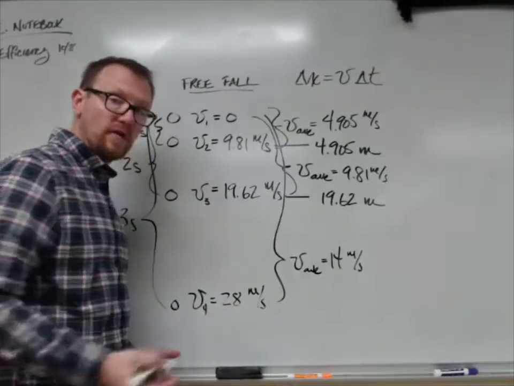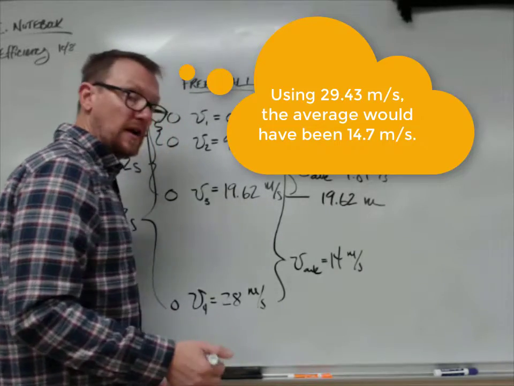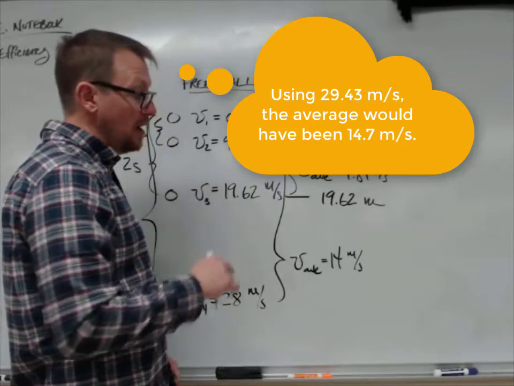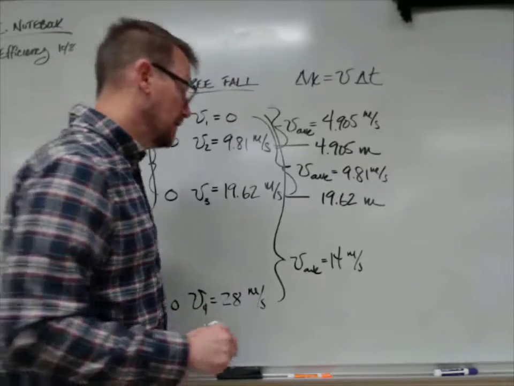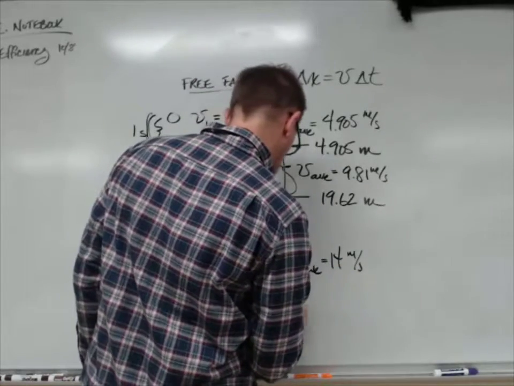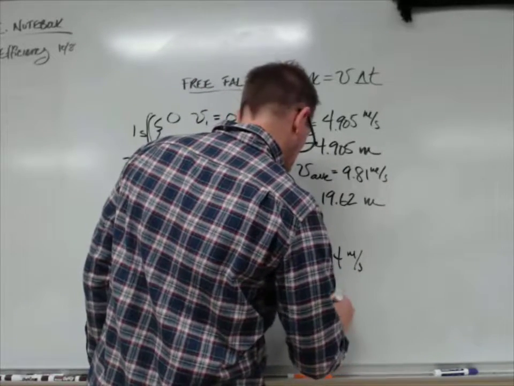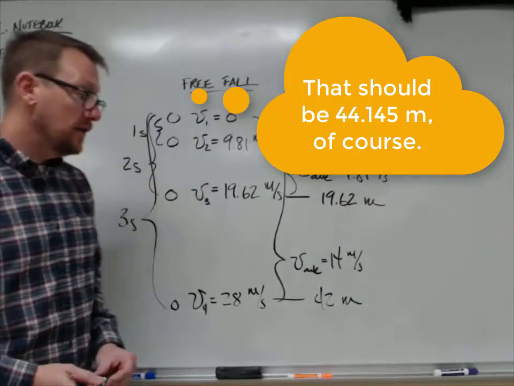Zero plus 28 divided by 2 is 14. So it was on average about 14 meters per second for 3 seconds. And so how far does it go in 3 seconds? Well, 3 times 14 is 42 meters. So it's fallen approximately 42 meters on the 3rd second.